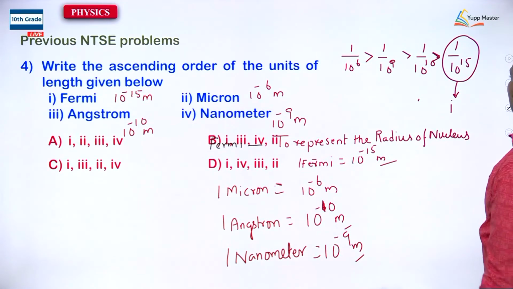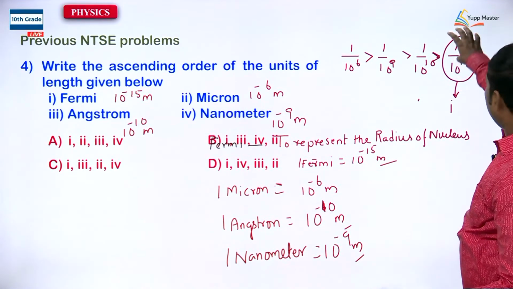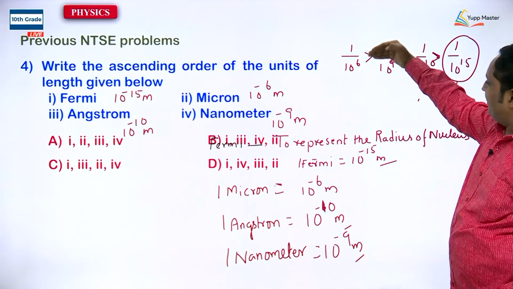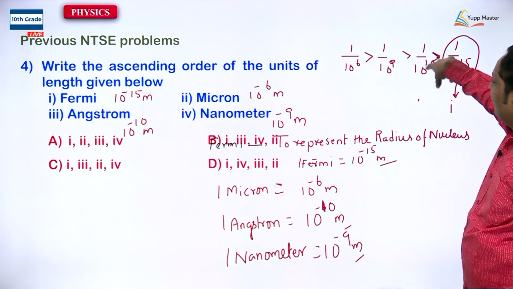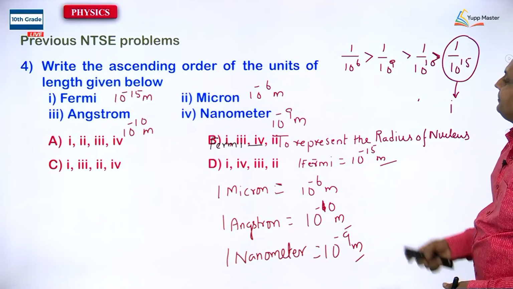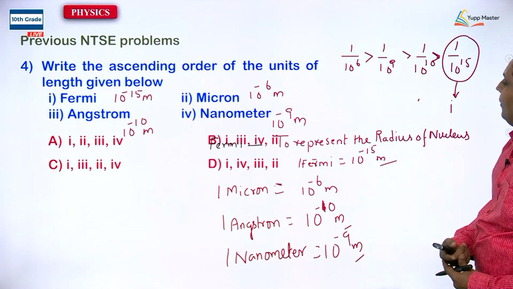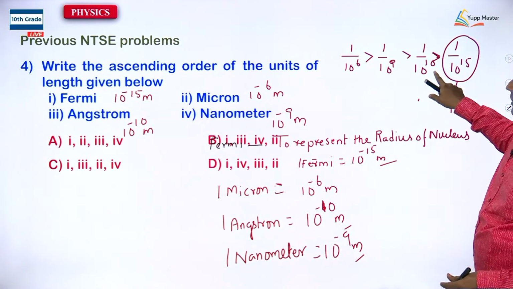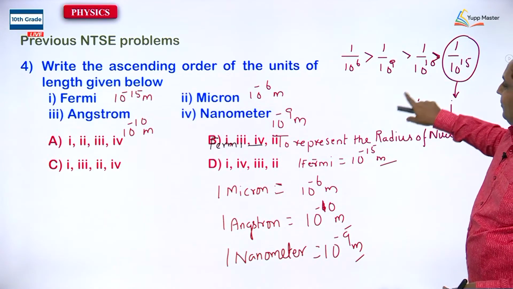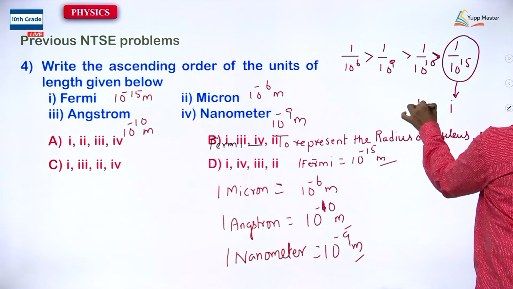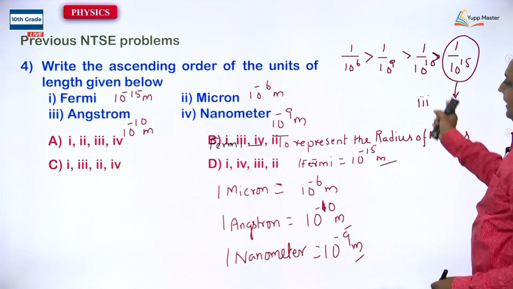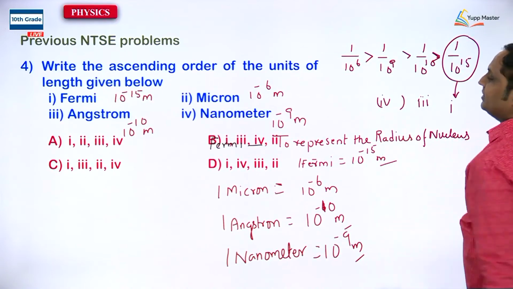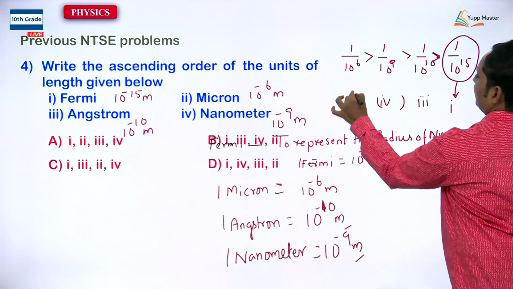This is 1 by 10 power 10, this is 1 by 10 power 9, this is 1 by 10 power 6. So this is Fermi, this is for angstrom, which is 3, and next 9 is going to be 4, and this is going to be 2.